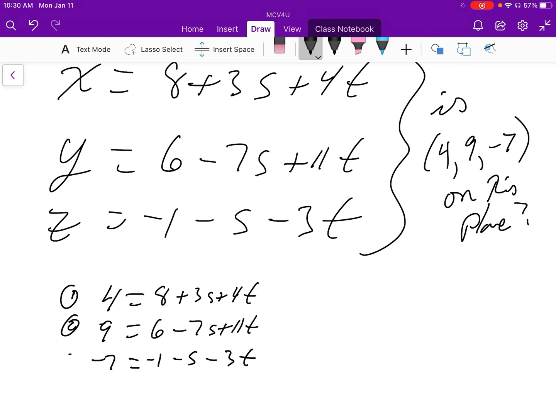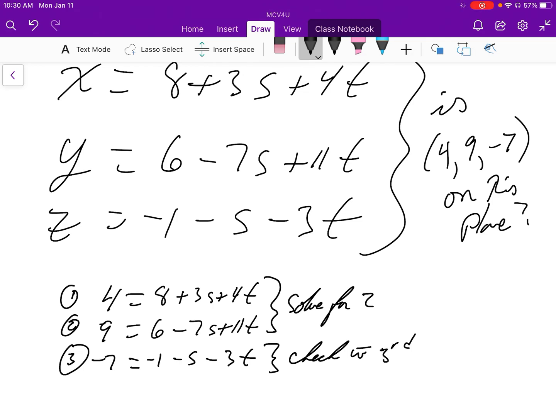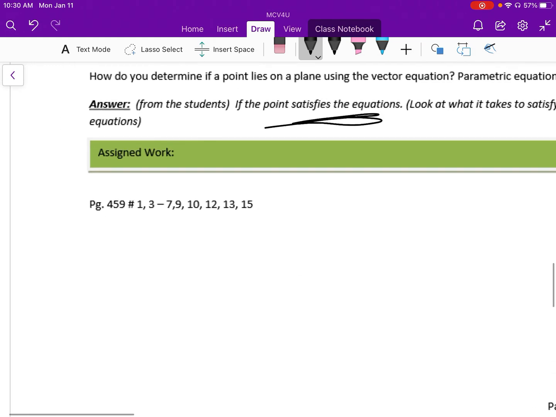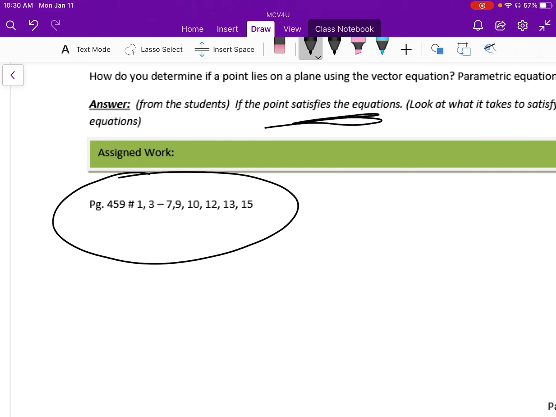Take any 2 of these, solve for s and t, and check with the third. It's a lot of algebra, a lot of substitution and elimination. So give these a try, work through them, and get to understand planes. In the next lesson we'll take a look at another equation of a plane. Good luck.